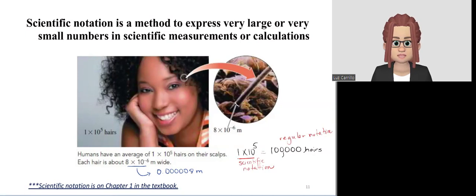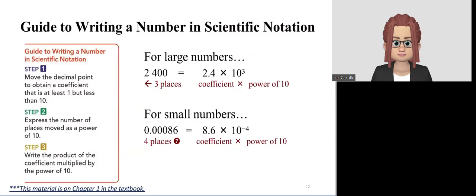Now, how did I know to write those numbers in regular notation, and how did that transform into scientific notation? Let's explore how to convert numbers from regular notation to scientific notation and vice versa. So if we have a number in regular notation, you are going to see in those measurements all of the digits, and we're going to see the significant figures that those measurements have.